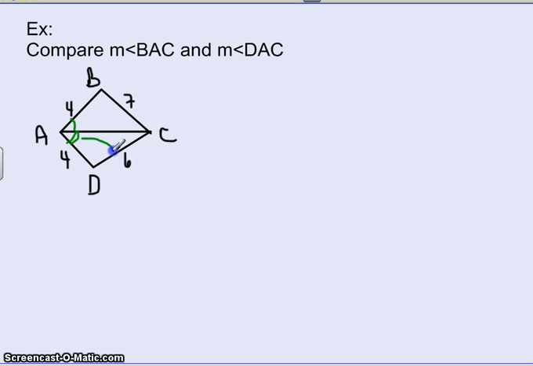So we got to compare these sides opposite or across from the two angles that we're comparing. The 7 is bigger than the 6, so therefore we could say that the measure of angle BAC is going to be bigger than the measure of angle DAC. And that's the Hinge theorem.